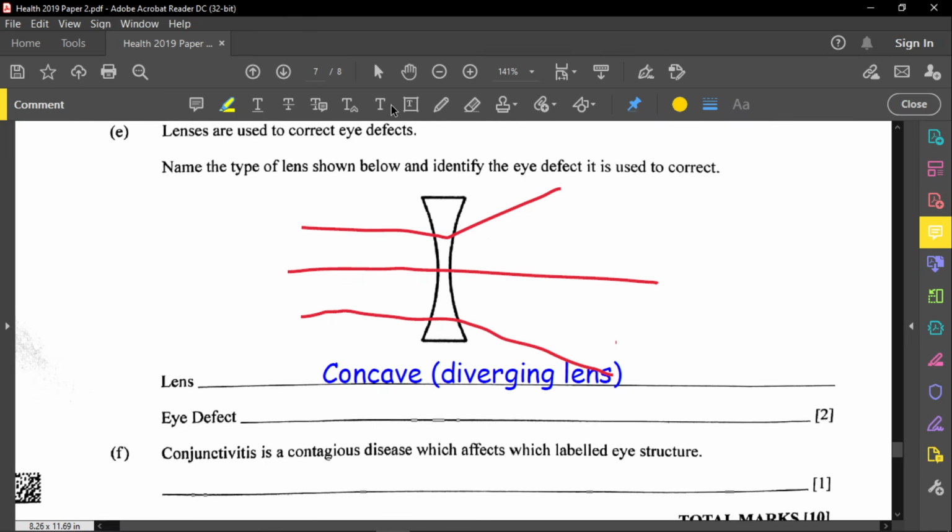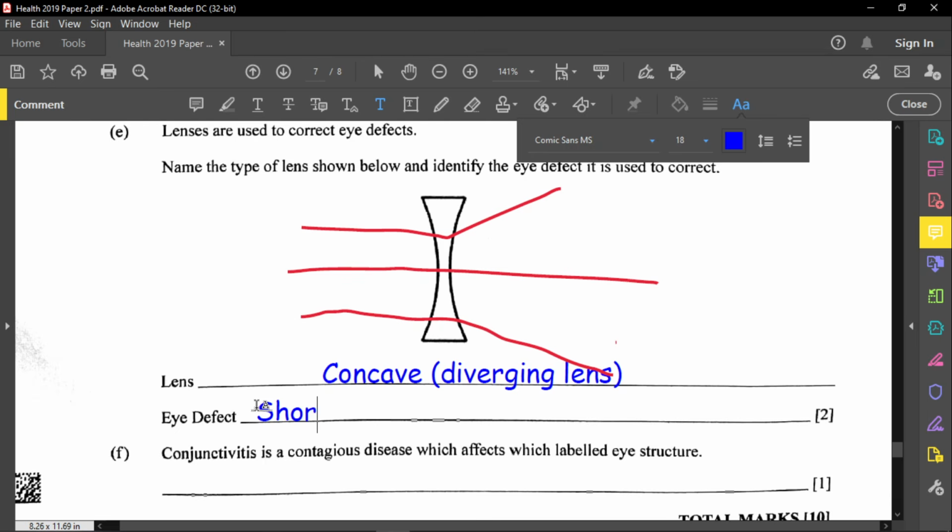The eye defect that is being corrected using this type of lens is short-sightedness, all right, otherwise called myopia. So this is short-sightedness. And short-sightedness is also called myopia. So just in case you know, you need to know that. All right, myopia. All right, so great.